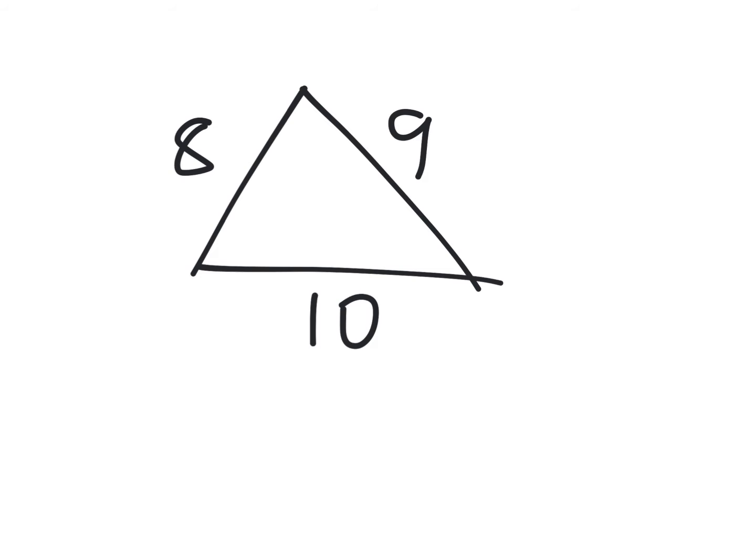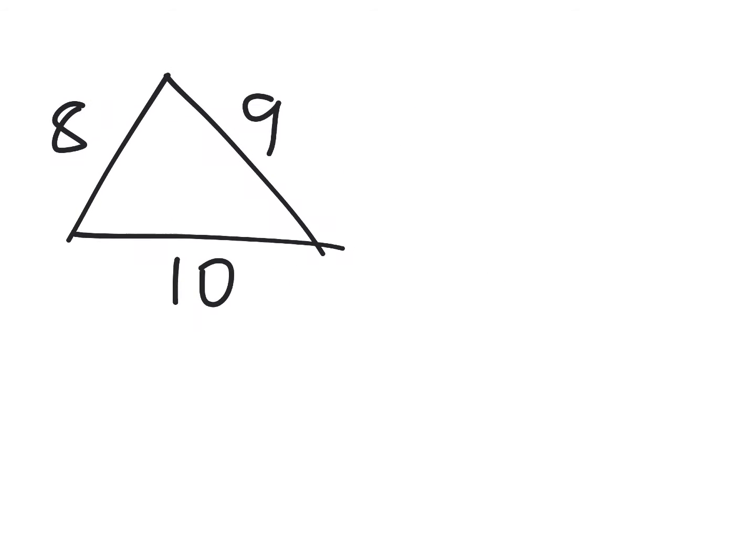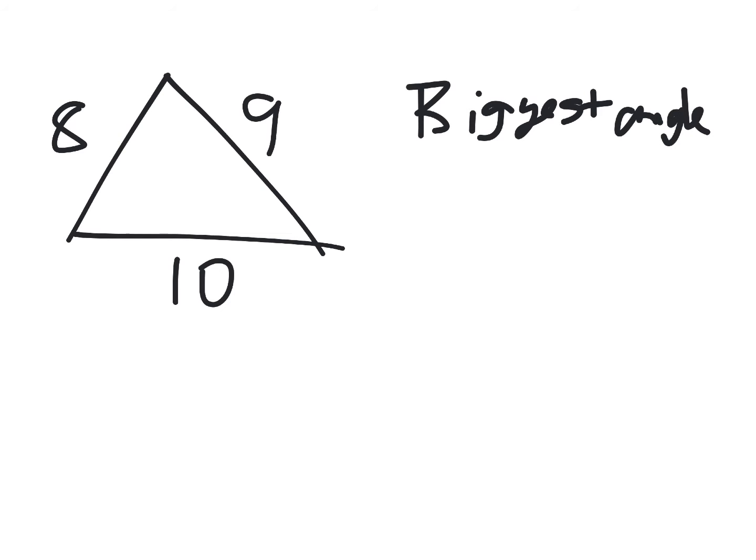Would you please find two things? I would like to know the biggest angle, and then once you have the biggest angle, figure out the area. I would not use that new formula I just gave you yesterday.